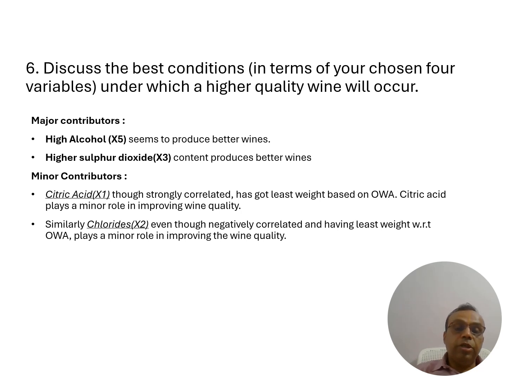The minor contributors being citric acid and chloride. Citric acid, in this case, has the least weight, but from my domain perspective, citric acid and chlorides provide the taste, so that will also play a very minor role in determining the quality, but they are minor contributors.